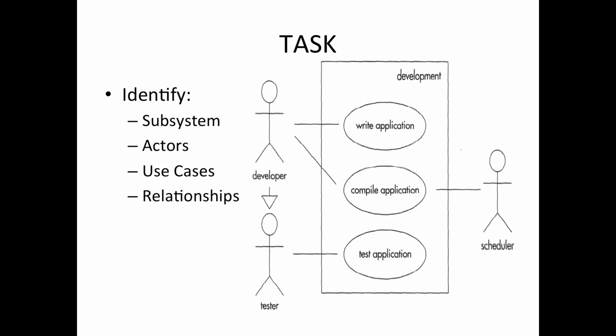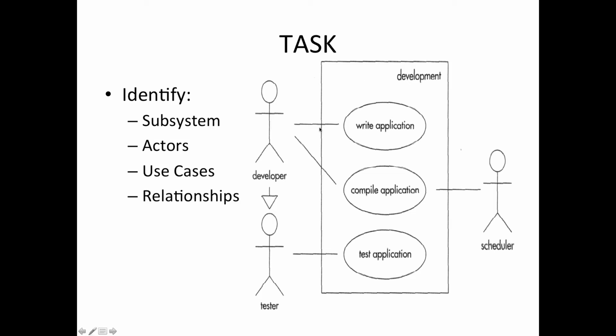Alright, now here is a picture of a use case diagram. So you can see here that we have actors. There's a skinny stick people here. We have use cases which are shown by an ellipse.